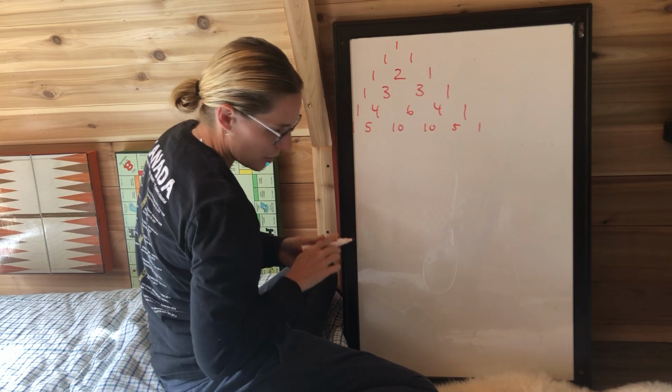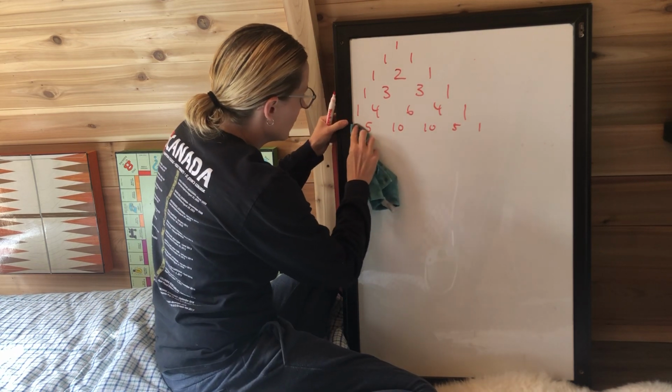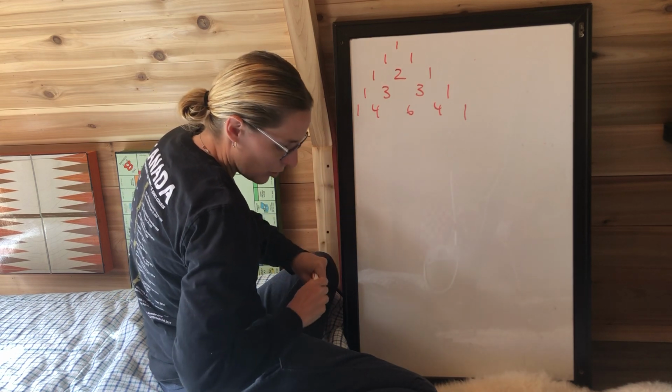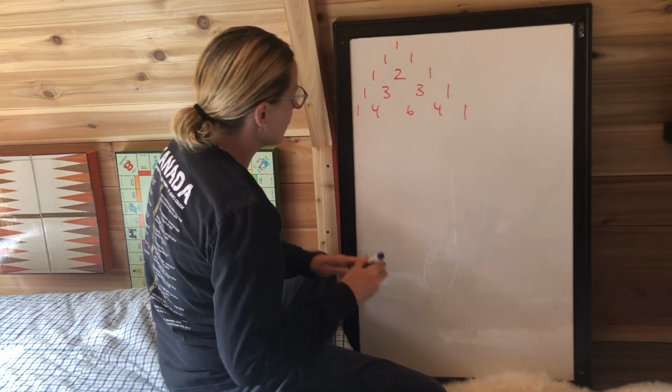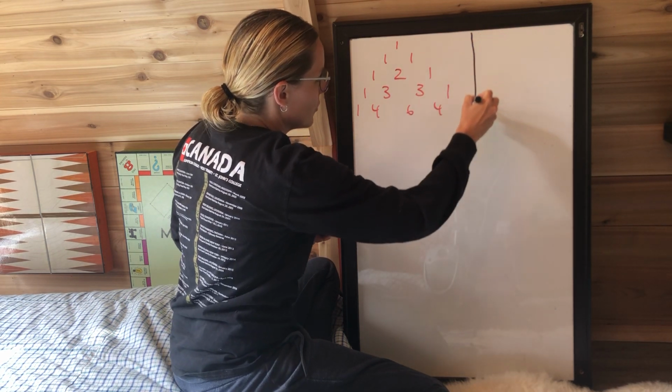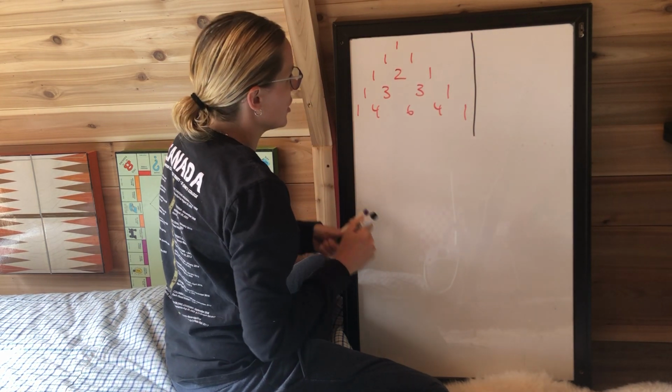Etc. Actually, I'm going to erase that last line. I don't want to go that far. Okay, that's the beginning of Pascal's triangle. And if we want to look at what this means in terms of combinations, so this is on your sort of second slide that you have.